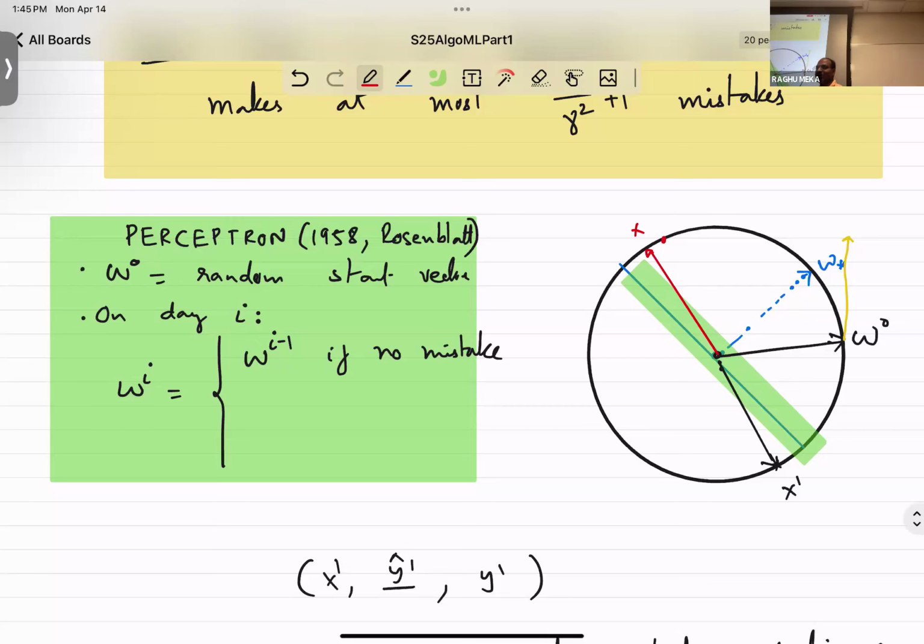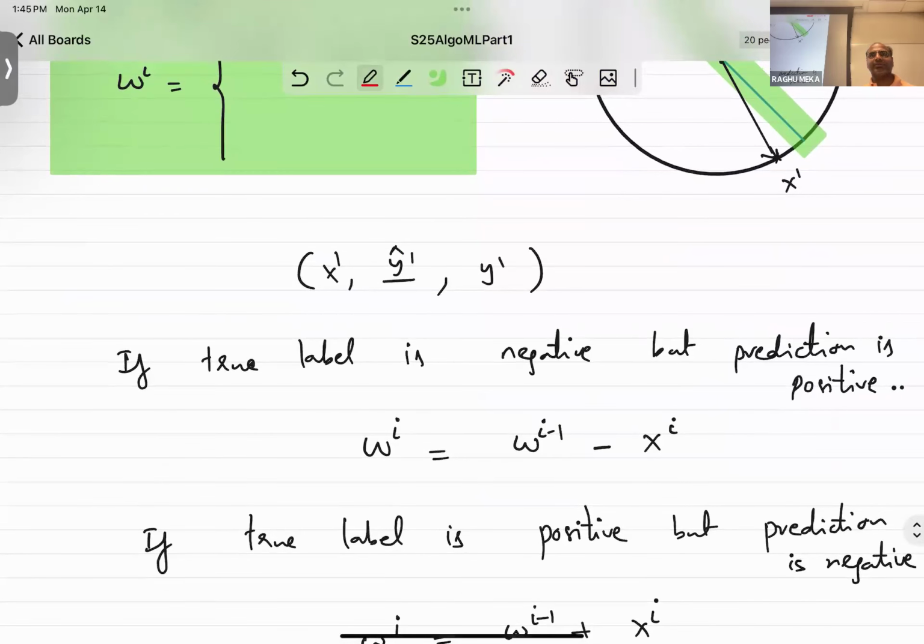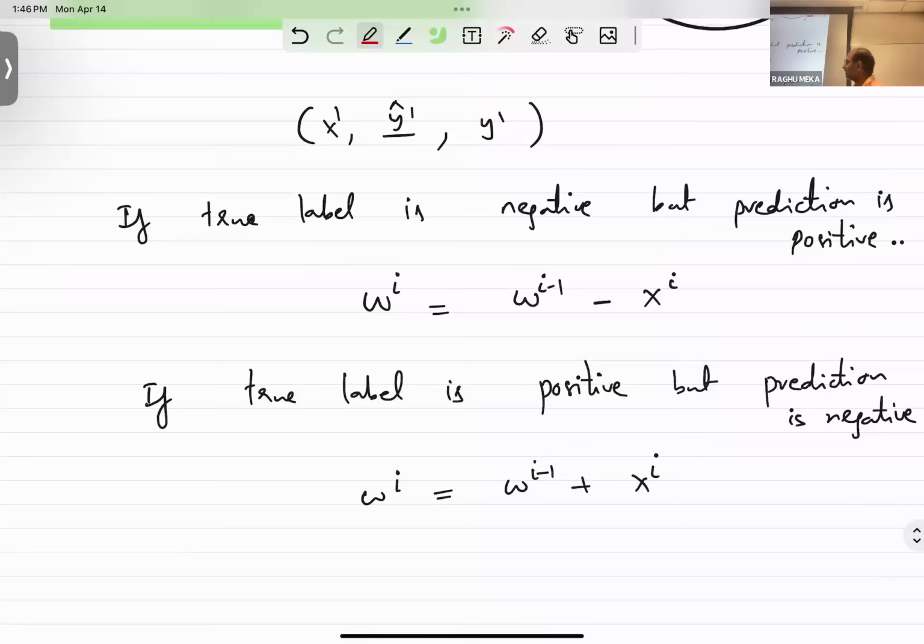That's the intuition, right? We're not doing anything complicated. We're just doing something qualitatively meaningful. If you got the wrong label, you should move in the direction suggested by the true label. Okay. So that's basically it. That's the algorithm, right? And so we have this case analysis. If the true label is negative, I'm subtracting. If the true label is positive, I'm adding.